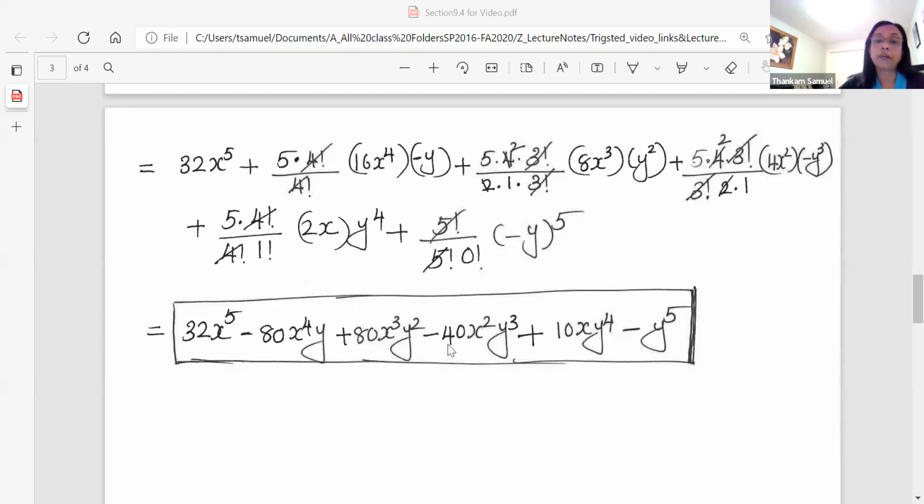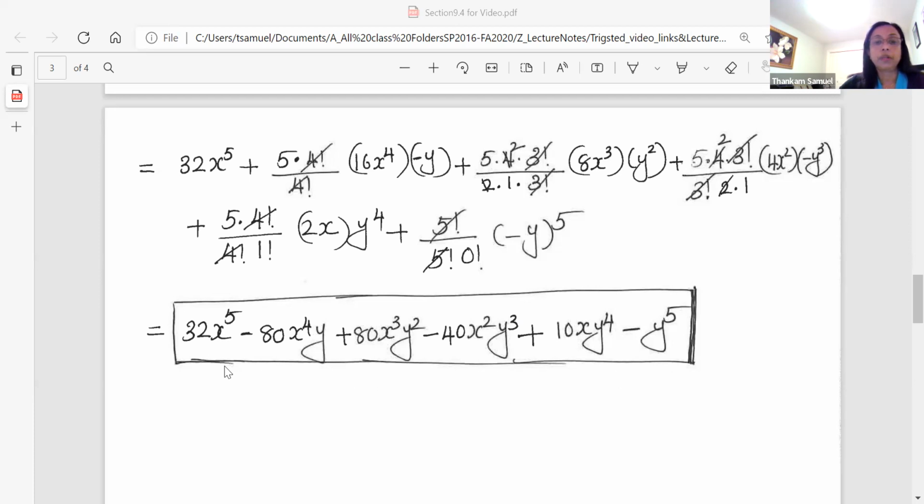So negative 40x squared y cubed. And when we multiply these terms together, you will get 10xy to the 4. And the last term is negative y to the fifth.